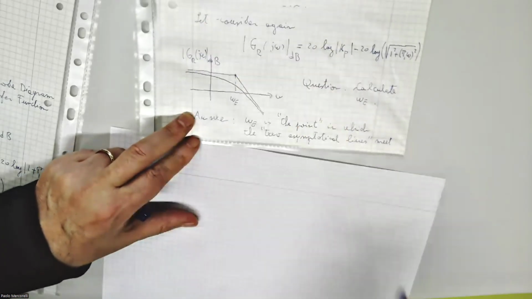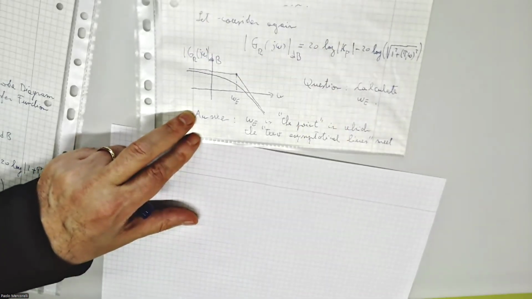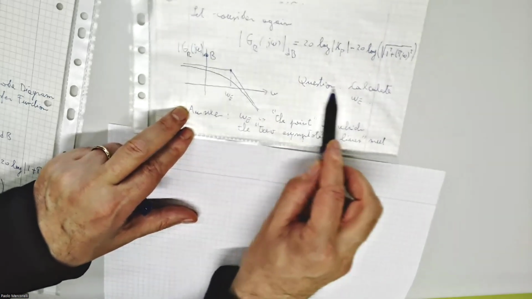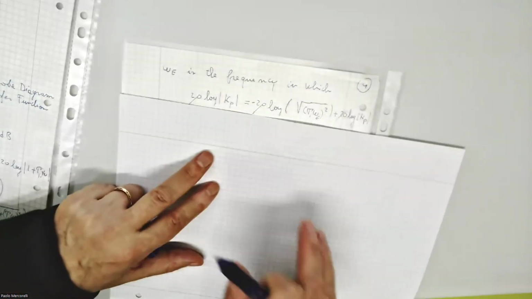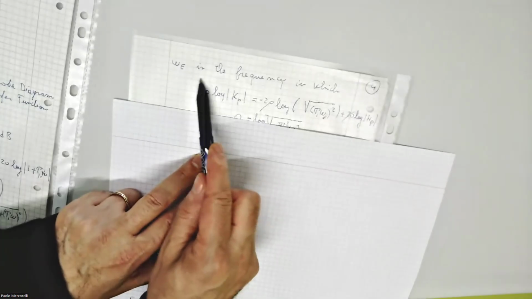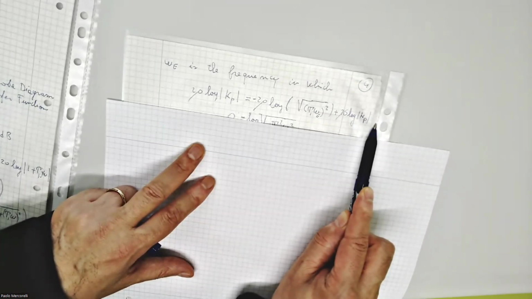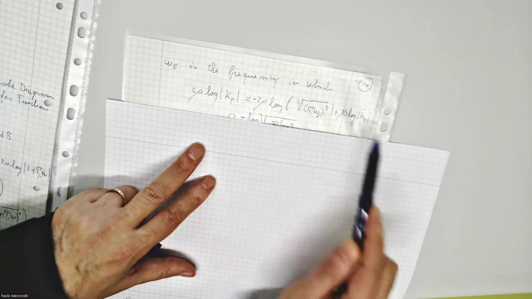But the asymptotic approximation nevertheless helps to calculate omega e. Again, omega e is when this line meets this line here. Why this?